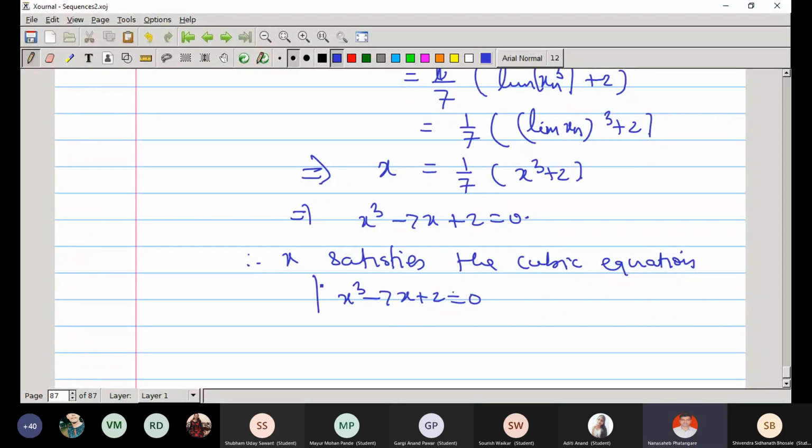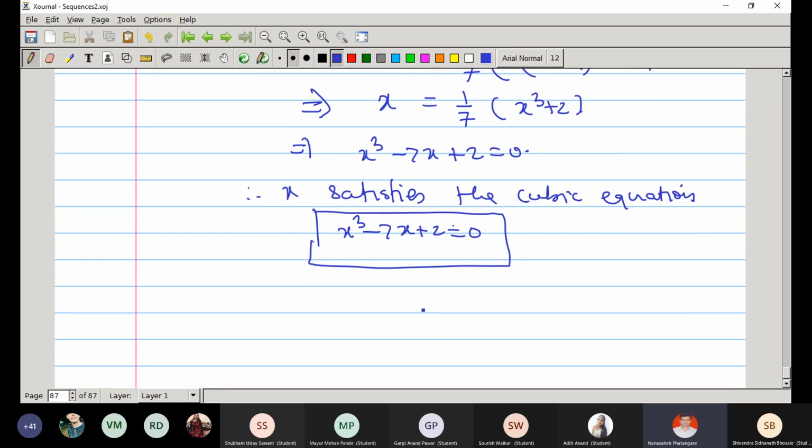Actually, what is the limit of the sequence? It is a number x, but that x is a solution of this cubic equation. Right now it is not convenient to find the exact value of x, but there are certain techniques with which you can find the limit of this sequence. This is a cubic equation, so is there any technique to find roots of such equations?